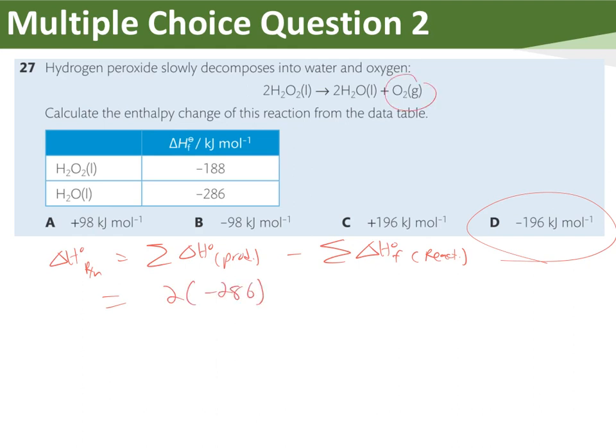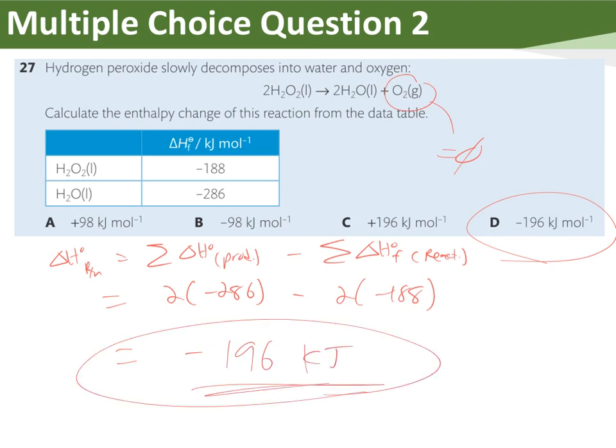And I'm going to skip oxygen because it's going to be equal to 0. Minus 2 times negative 188. So I'm subtracting a negative number here. So 2 times negative 286 minus 2 times negative 188 equals negative 196 kilojoules.